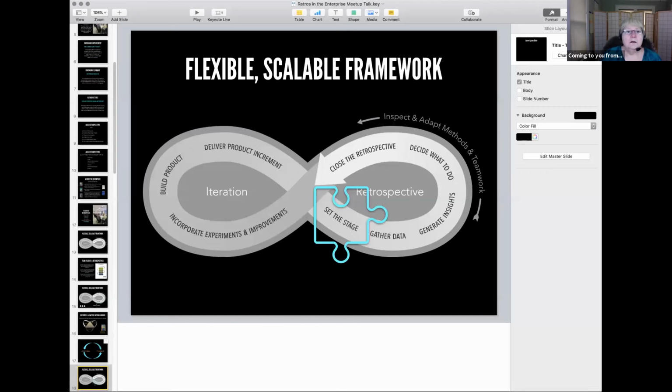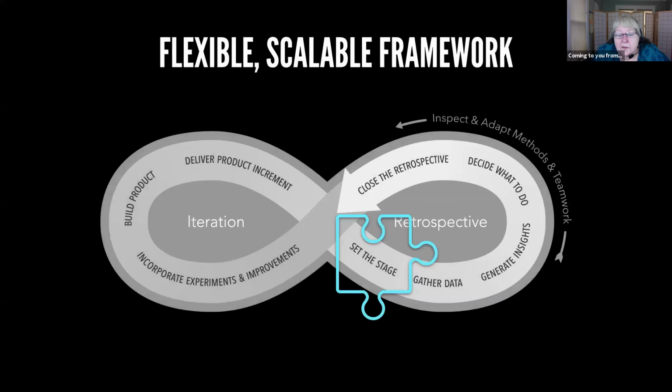I'm going to take us on a quick ride through a retrospective. All right. So the first part of a retrospective, we want to do what we call set the stage, which means get everybody present in the room, get their minds present in the room to do the work, right?